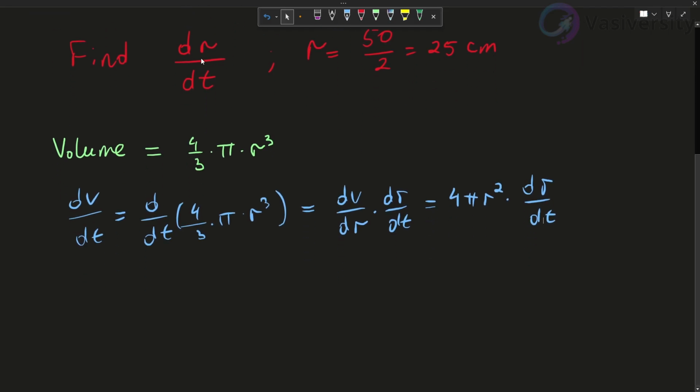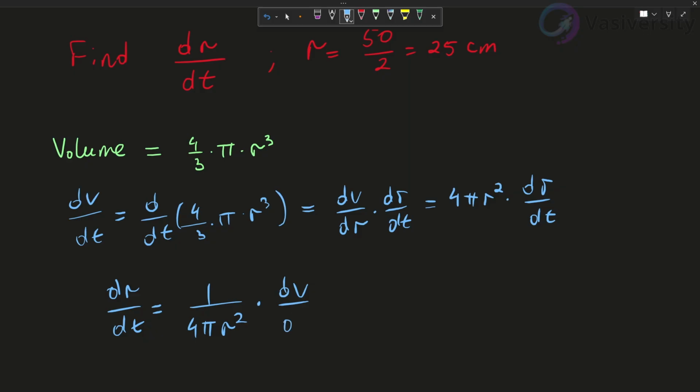We do not know dr over dt, so let's solve for it. dr over dt is equal to 1 over 4 pi r squared times dV over dt. Now we have everything here. Let's plug in: 1 over 4 pi times 25 squared times 100.